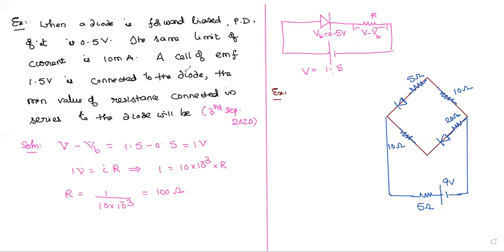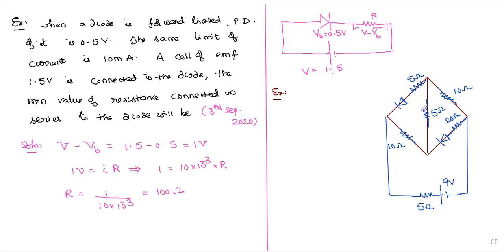And in the middle he connected one more resistor, and here one more resistor, that is 5 ohms, exactly like a Wheatstone bridge but with two diodes here.